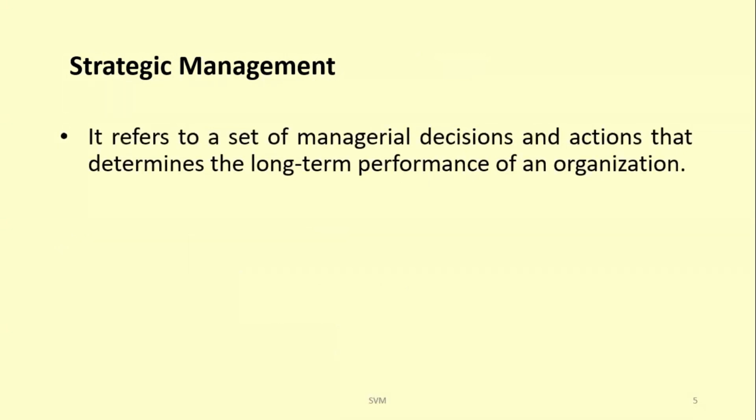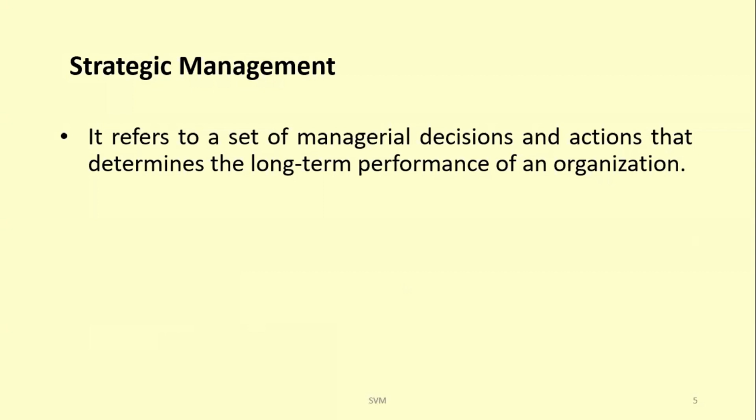So now we will understand what we mean by strategic management. It refers to a set of managerial decisions and actions that determine the long-term performance of an organization. So whatever decisions and actions we take will determine what I'm going to have in a long-term perspective.